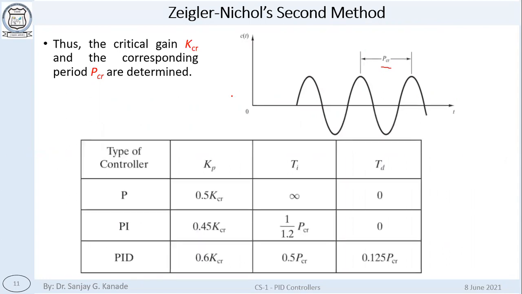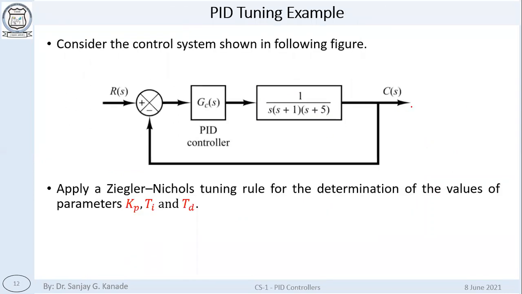And from the values of Kcr and Pcr, we get the values of Kp, Ti, and Td for the various modes of controller P, PI, and PID.